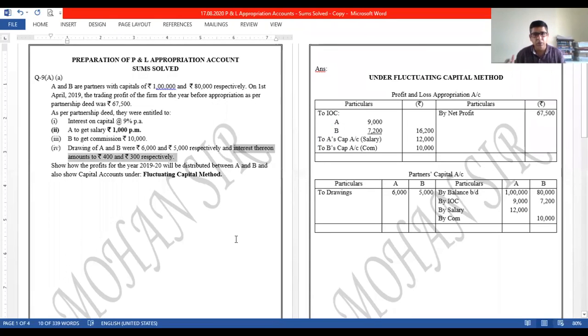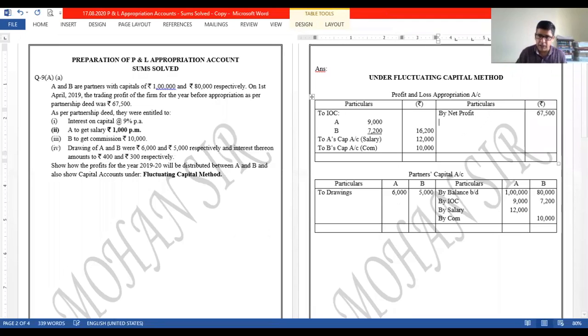Next, yes, interest on drawings is there, 400 and 300. Interest on drawings is an income for us, and being an income, it has to be credited to the P&L appropriation account. So let me write over here in the P&L appropriation account, by interest on drawings. The amounts are directly given to us, that is 400 and 300, so the total amount will be 700.